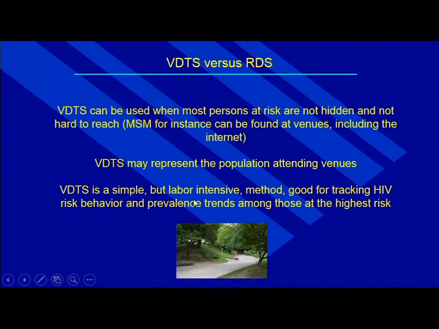VDTS is not very difficult, but it's very labor intensive, because you have to go out, find the venues, see where they are, how many people come there, and whether there is gatekeeper and stakeholder support for entering them to collect data, etc. Even though they may not be representative for the population, still you can make comparisons over time. So it's good for comparing or tracking trends in risk behavior and HIV prevalence.